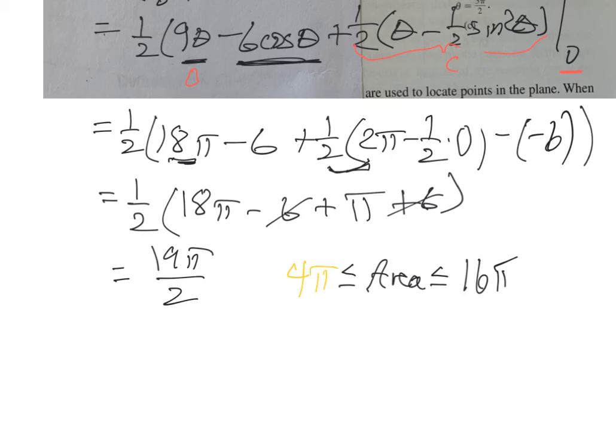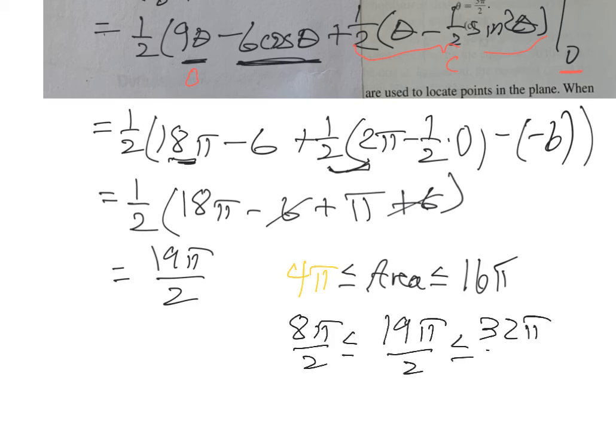And if you look at our answer, let's give everybody a denominator of 2. Okay. You can see we get an answer right smack dab between them. So I feel really good about it. Now, here's our answer.